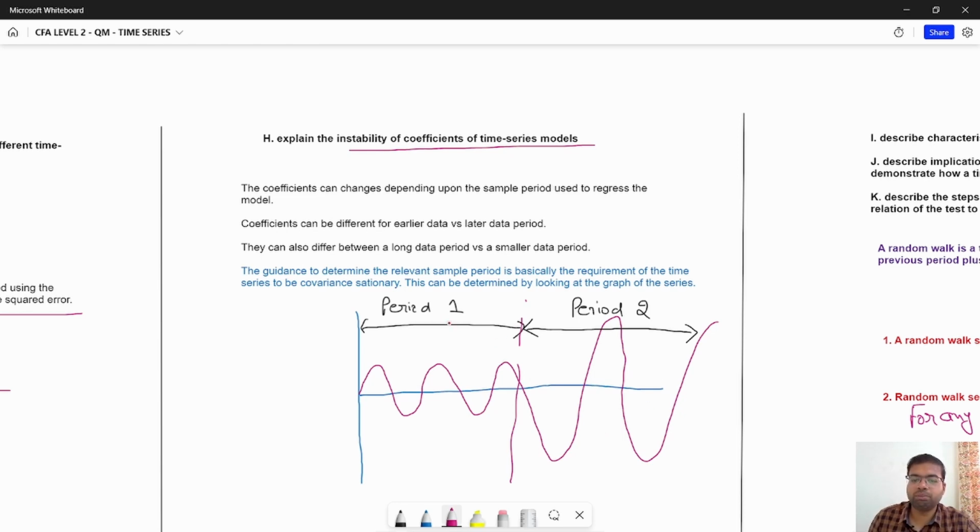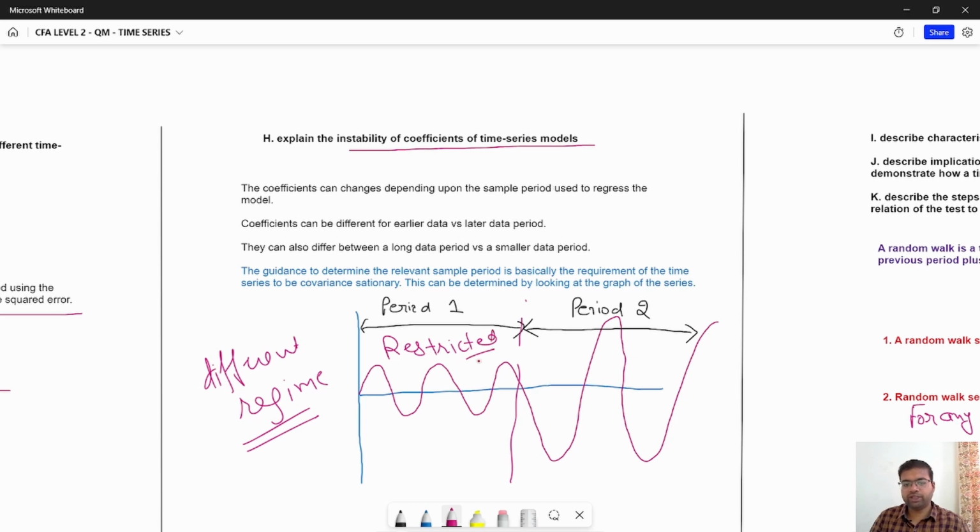So we can say that period 1 was one particular time period and period 2 is a different time period, like a different regime. For example, from a financial perspective, let's say this was the time period with a restrictive financial policy, and this time period is for an expansionary financial policy.